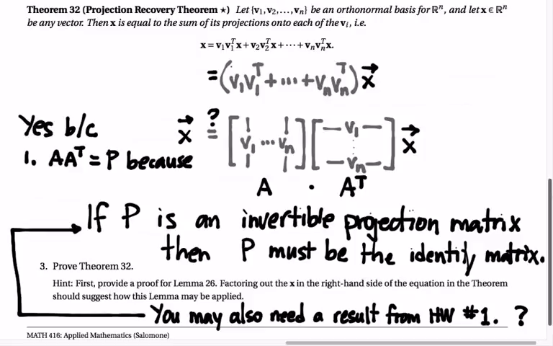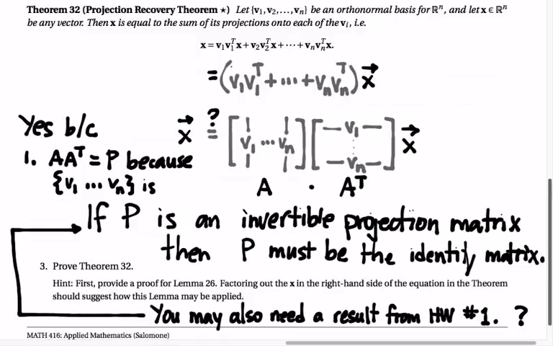Why is projection as easy as AAT? What's true about the vectors V1 up through Vn? Under what circumstances is AAT as simple as our projection matrix?